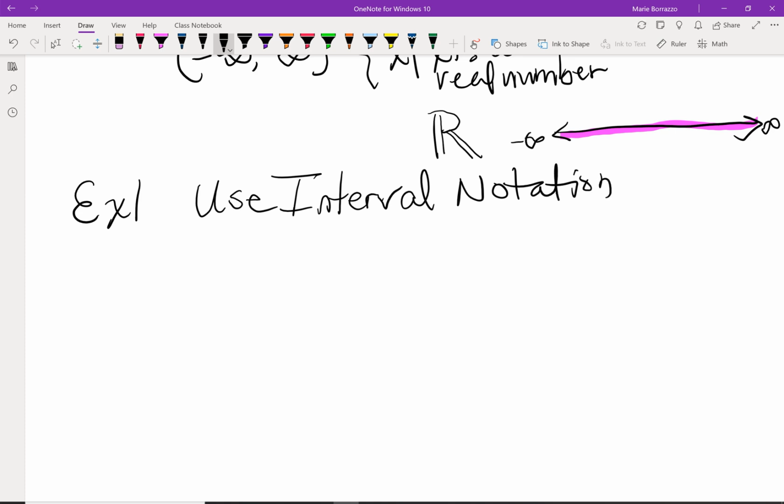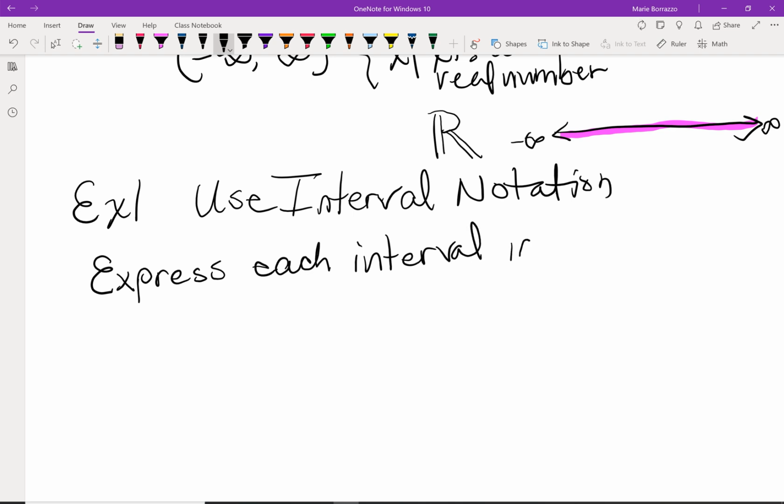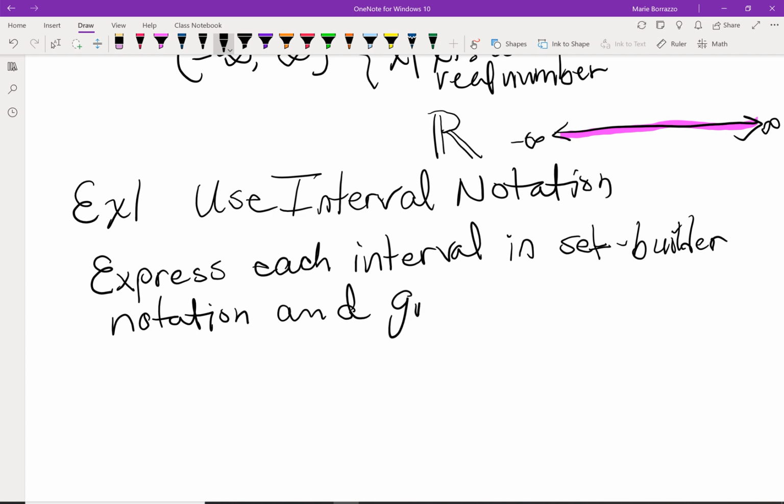Okay, so they want you to express, this is the directions, express each interval in set builder notation and then they want you to graph it. So they start you with part A, B, and C.